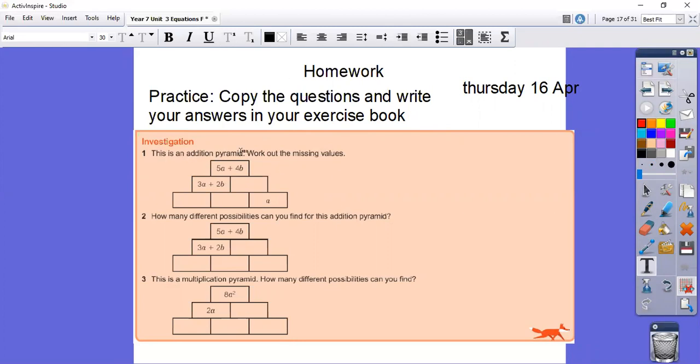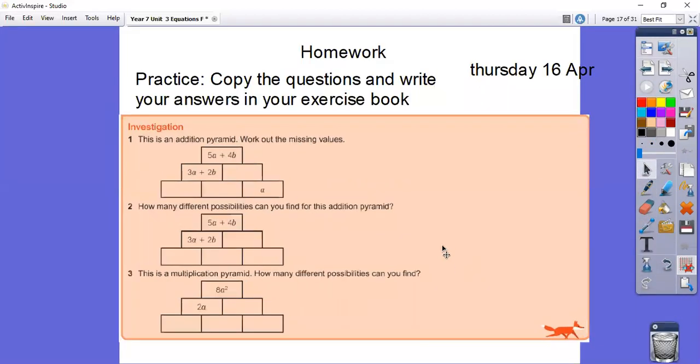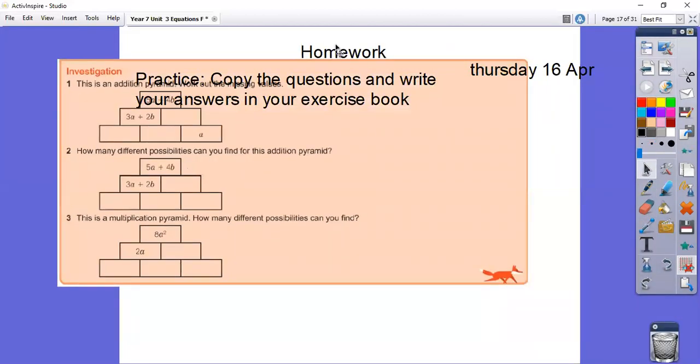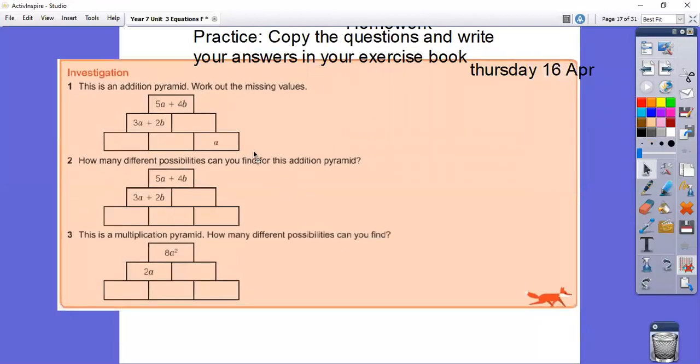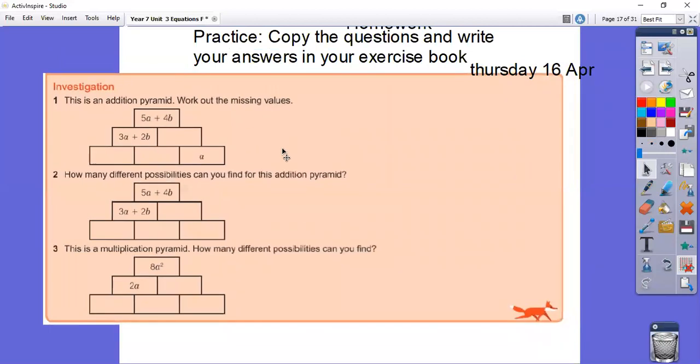So this is an addition pyramid, work out the missing values here. Question 2, again, remember these questions are in the textbook that I've uploaded for you, so you can just look at it directly from your book. Here you need to put the missing values in, where the final result at the end is 5a plus 4b.